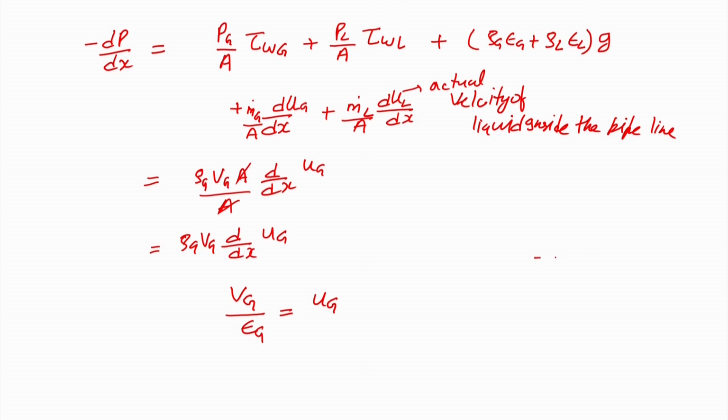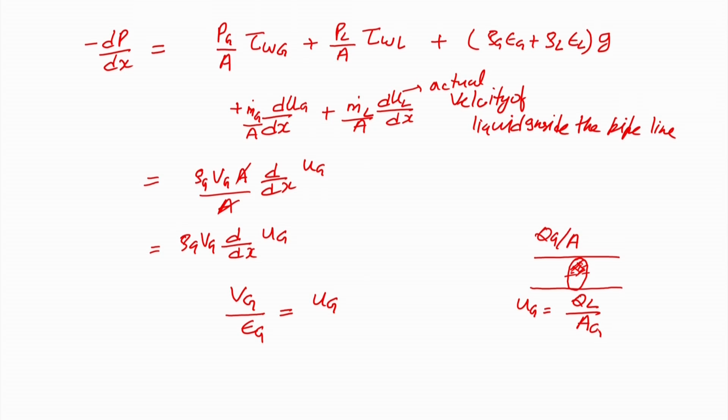So suppose this is the pipeline. What we assumed while calculating the superficial velocity, Vg, is that Vg is nothing but Qg upon area, and we have assumed that the complete area is being filled with the gas. Now, Ug is Qg upon area of gas. This is the cross sectional area, some portion is filled by the liquid and some portion is filled by the gas.